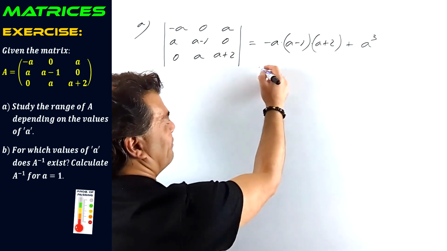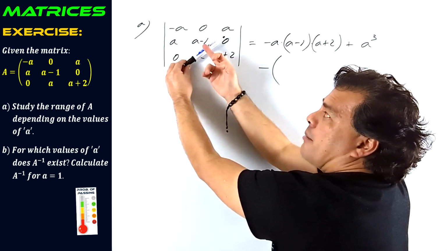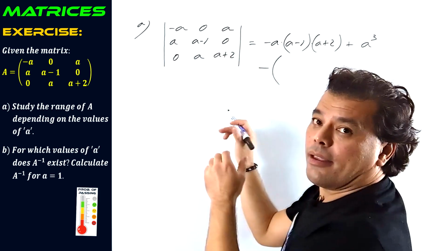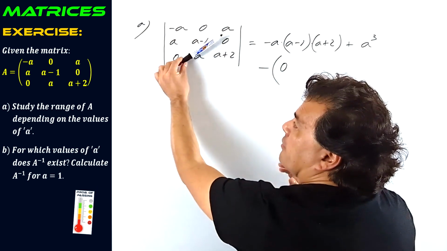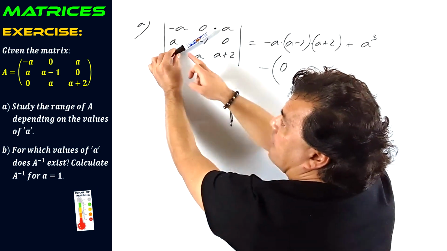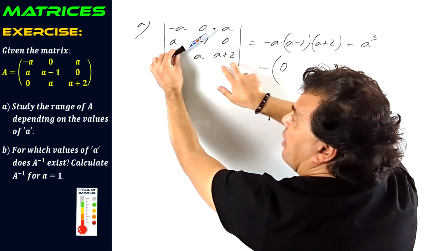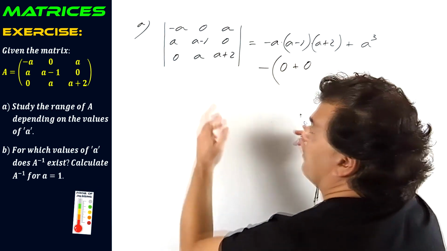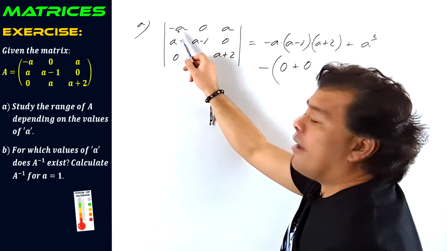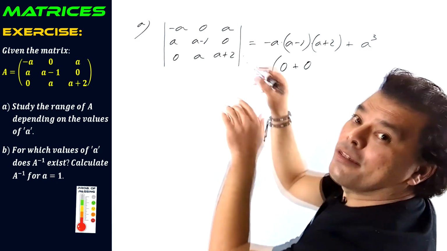Second bit. Now we are doing 0 times A minus 1 times A, 0. And now we are moving upper to the left, and it's time to do A times 0 times A plus 2, 0 again. And finally, we are doing negative A times 0 times A, 0 again.